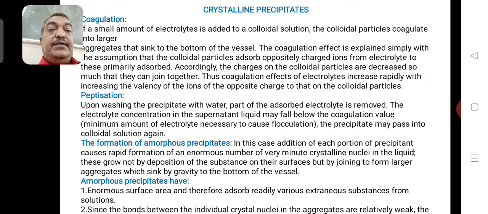Amorphous precipitates have enormous surface area and therefore adsorb various extraneous substances from the solution. Since the bonds between the individual crystal nuclei in the aggregate are relatively weak, the precipitate formation may sometimes be affected by amorphous material.